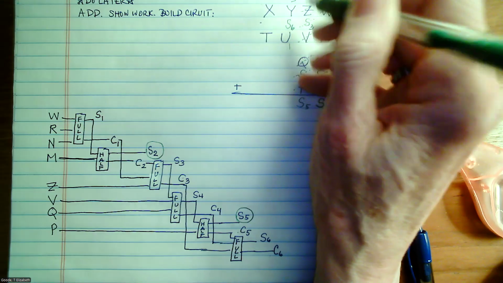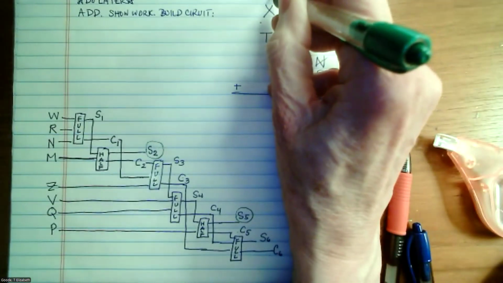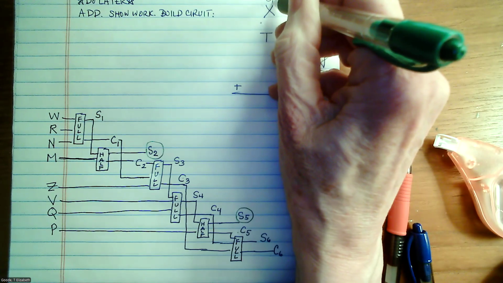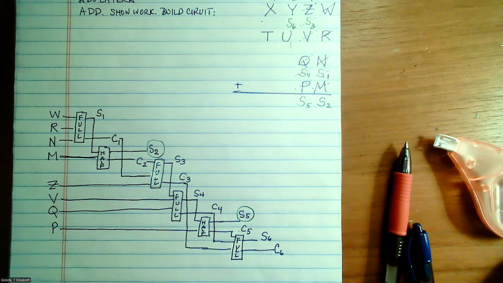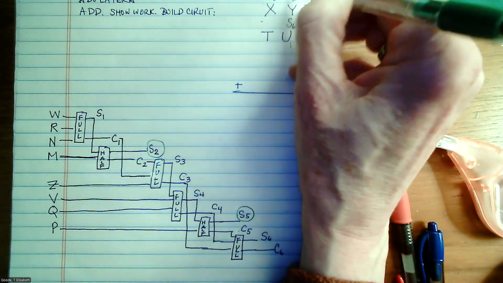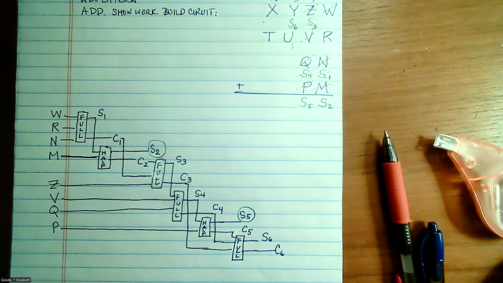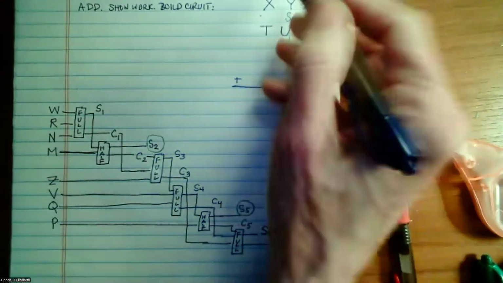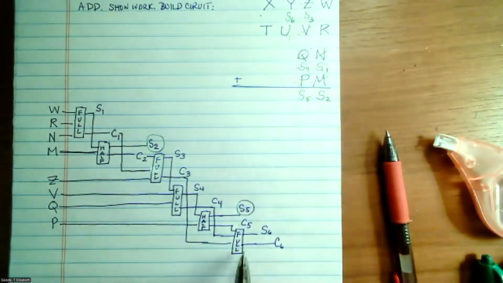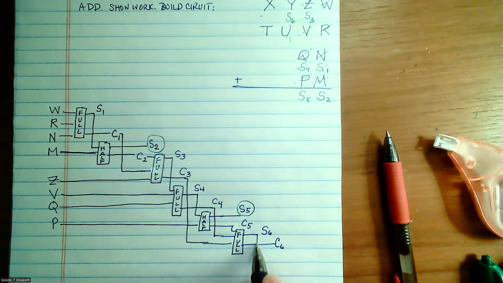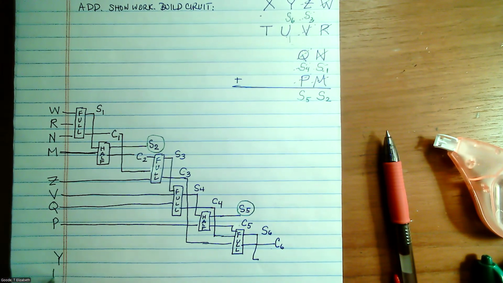Where does it go? C6 goes above X, because we have some room there. Great. Now what do we do? We've just added these together. We add Y, S6, and U. That's right. So we have the S6 wire, and now we're going to input Y and U.